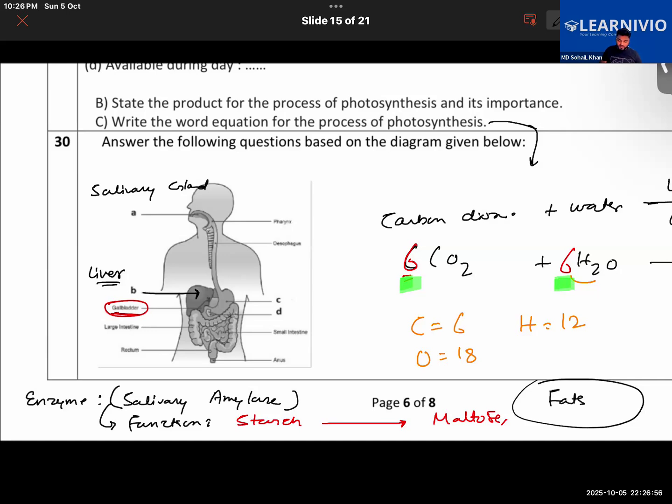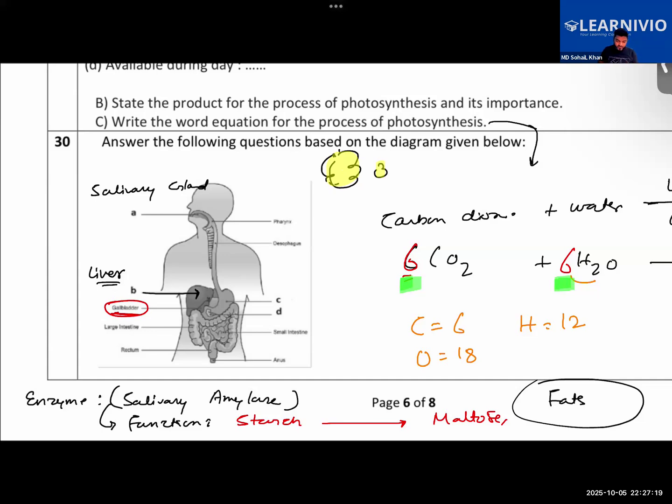What they do is break the large fat globules. If there's a large fat globule, it will be broken into smaller fat globules. Bile mixes with the fat. It basically acts upon the fat and breaks the large globules into small globules.